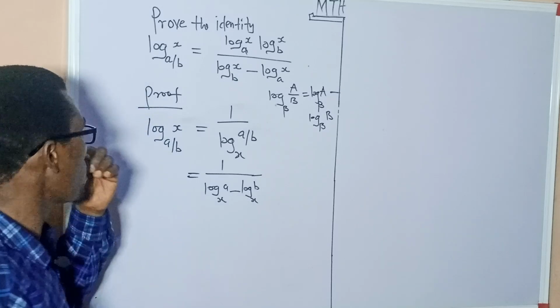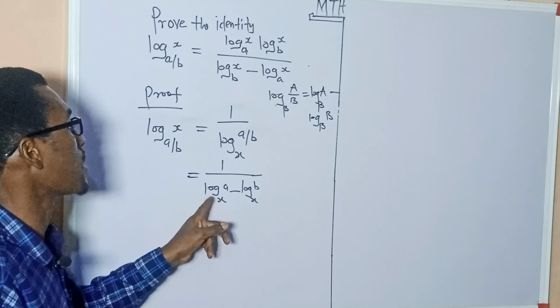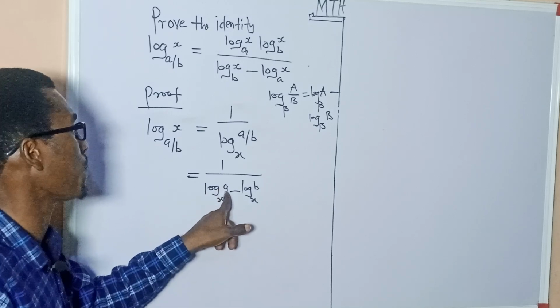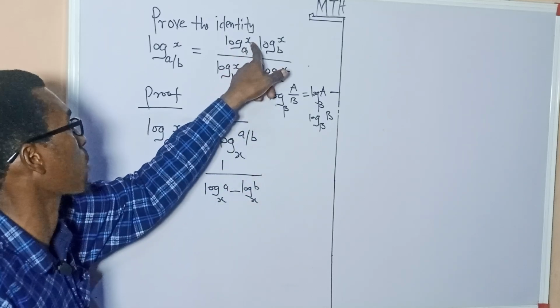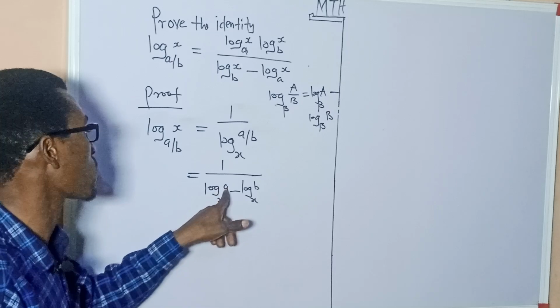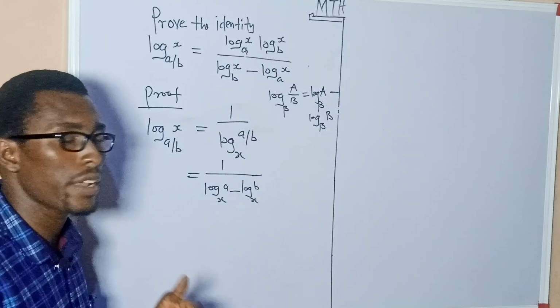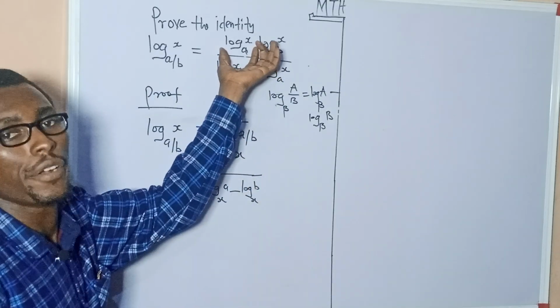Now, once again, if you observe the denominator in this expression, for the first term we have log to base x of a. And that is different from what we are seeing here, which is log to base a of x. So log to base x of a is not the same thing as log to base a of x. Now, how do we make this expression resemble this expression?